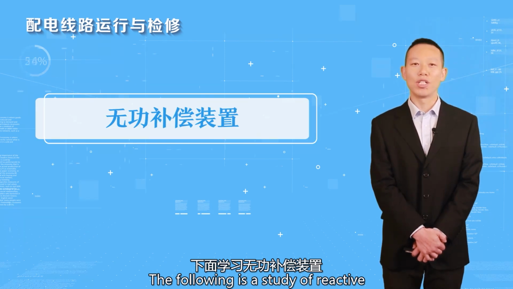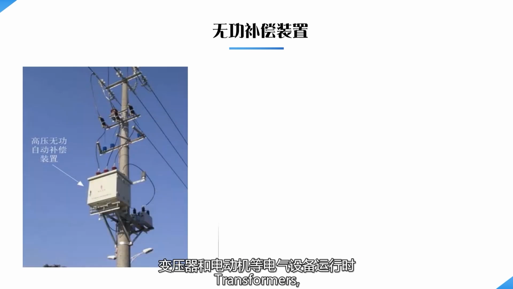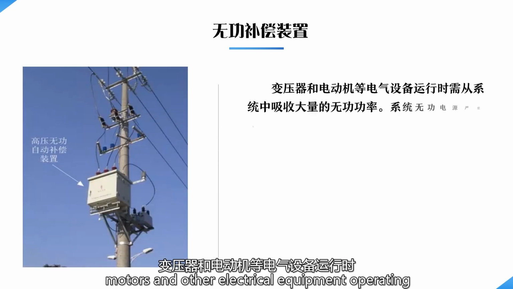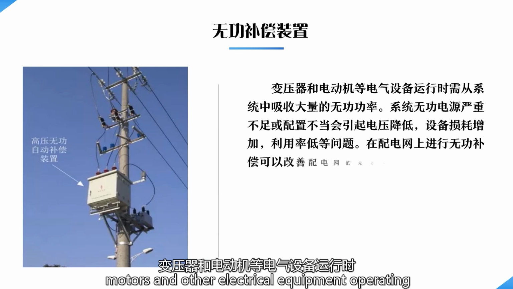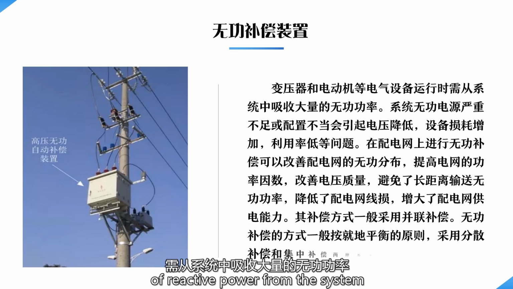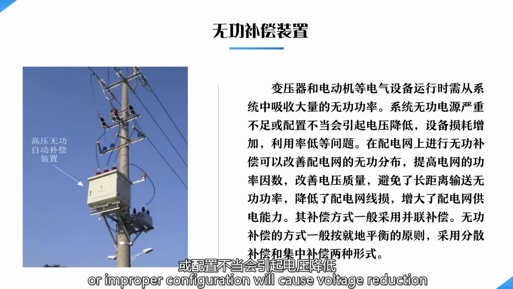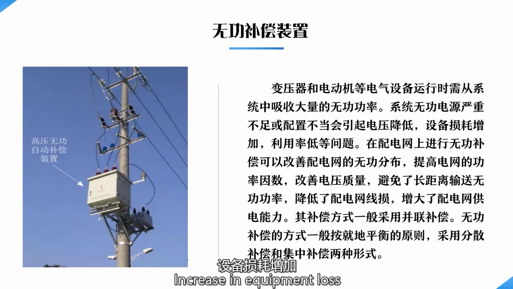The following is a study of reactive power compensation devices. Transformers, motors, and other electrical equipment need to absorb a large amount of reactive power from the system during operation. If the system reactive power supply is seriously insufficient or improperly configured, it will cause voltage reduction, increased equipment loss, low utilization rate, and other problems.